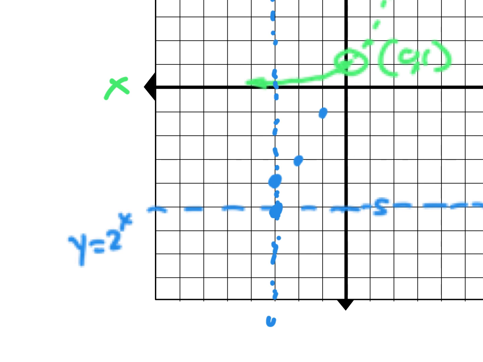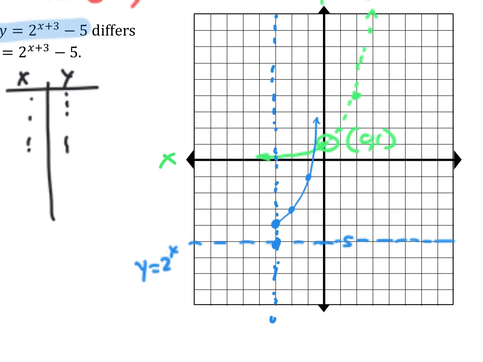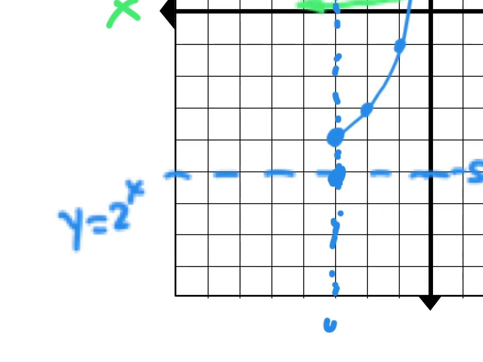So these blue dots are my new graph. Now, is that blue graph the graph of 2 to the x? No. That blue graph is the graph of 2 to the x plus 3, minus 5. That's really what we just graphed.